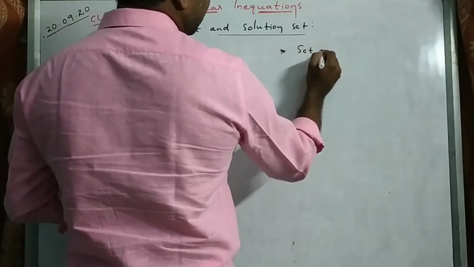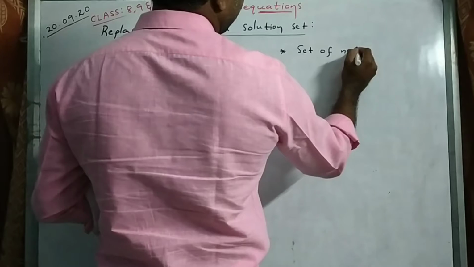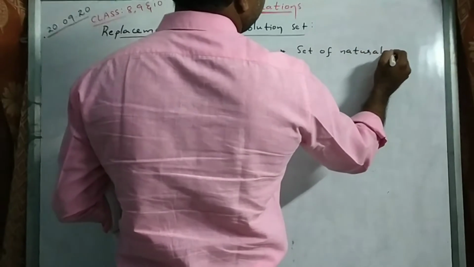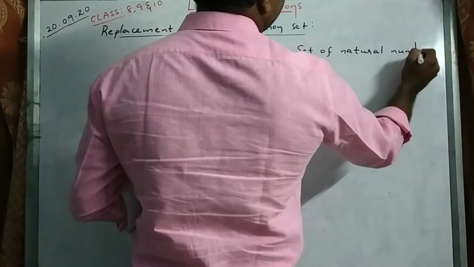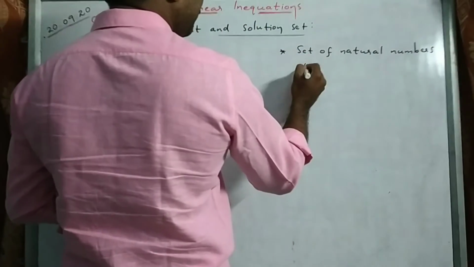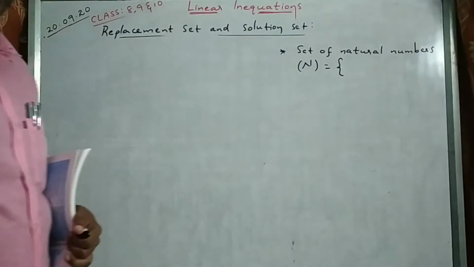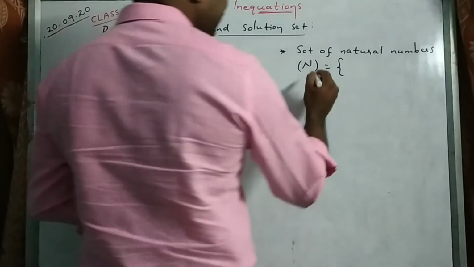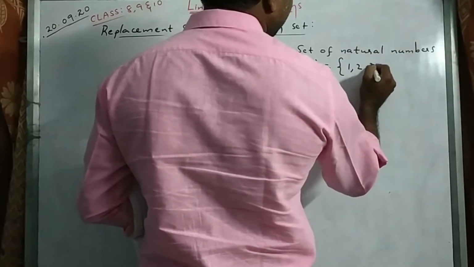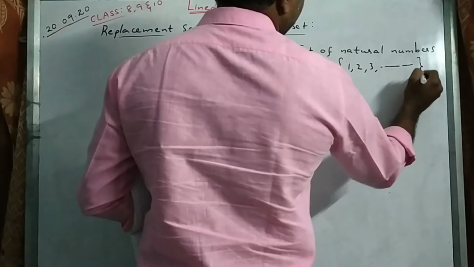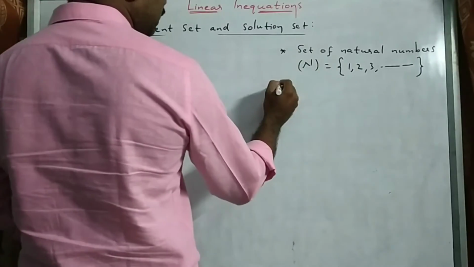For this, we have some concepts here. Set of natural numbers, denoted by N, or positive integers, starting from 1, so on. Right? 1, 2, 3, so on.